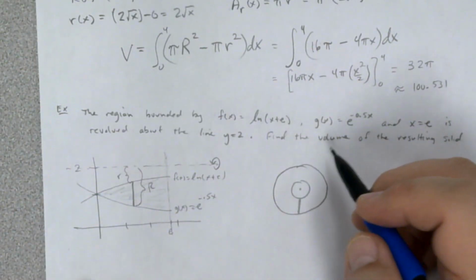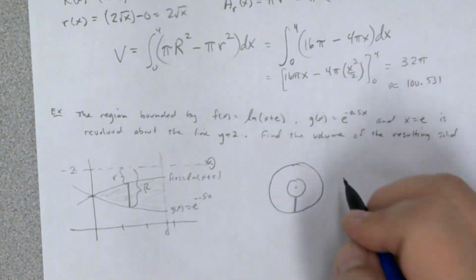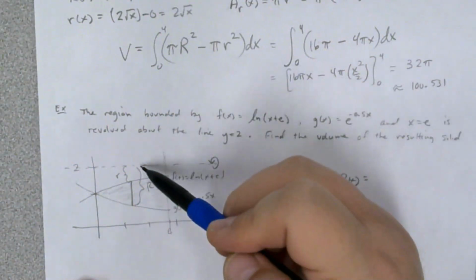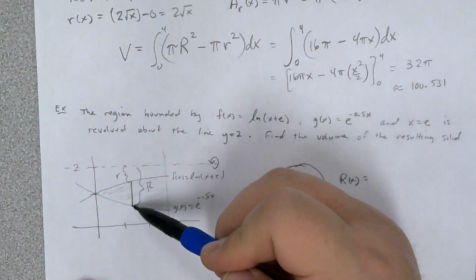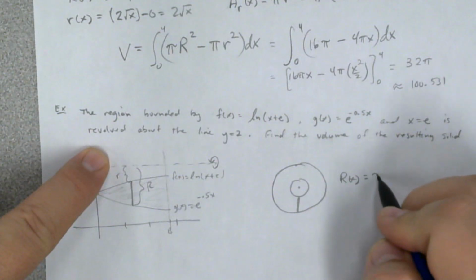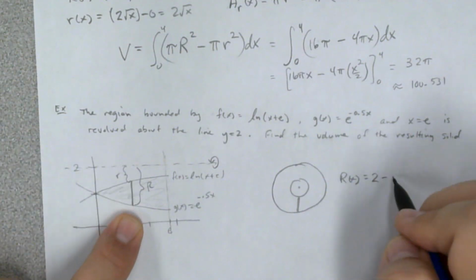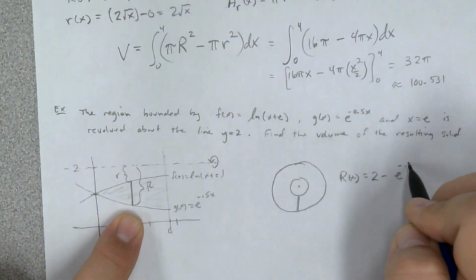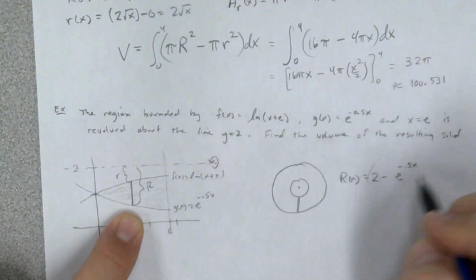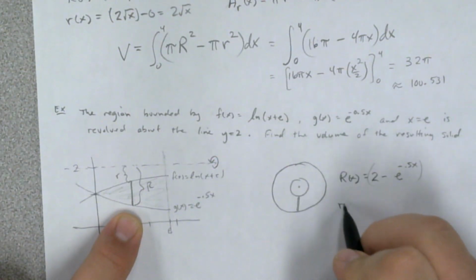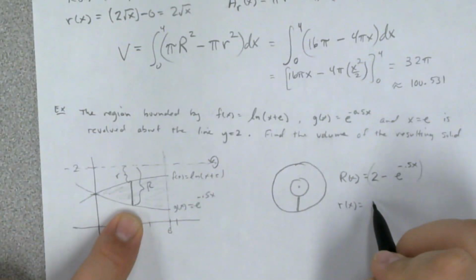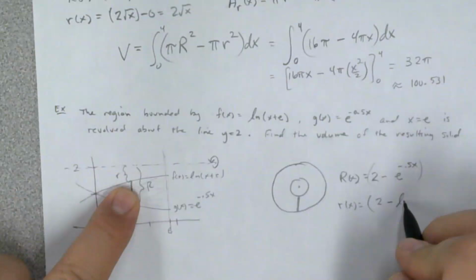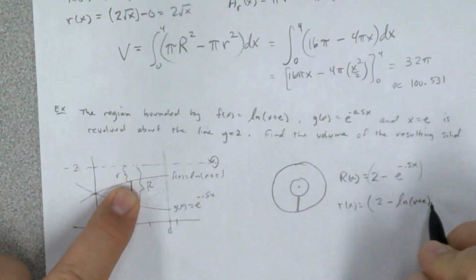And so we want to find the area of this thing, so we need to find the big R. The big R is the top minus the bottom. The top is 2, the bottom is g of x, which is e to the negative 0.5x. Little r of x is the top minus the other one, which will be the natural log of x plus e.